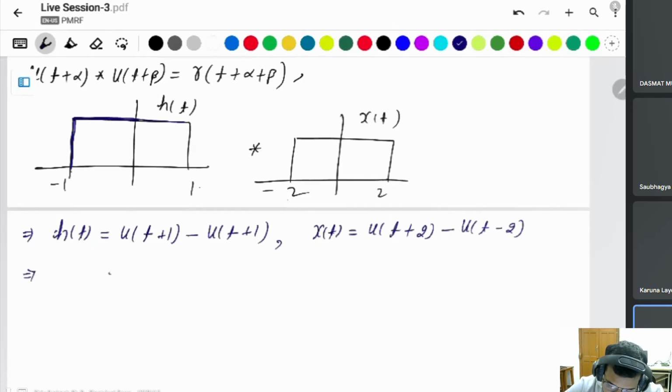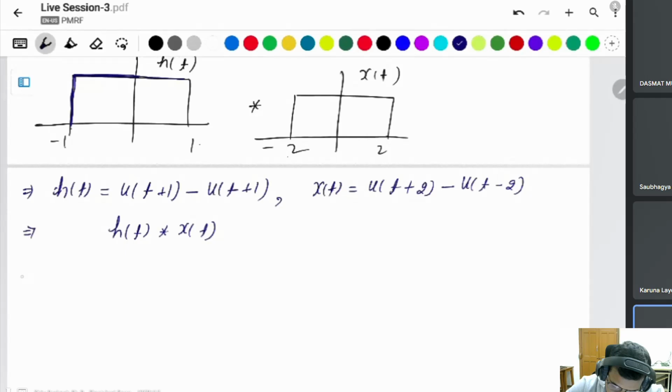Then the convolution of this one: ut plus 1 minus ut minus 1, because another signal started from here, then both are cancelled out.